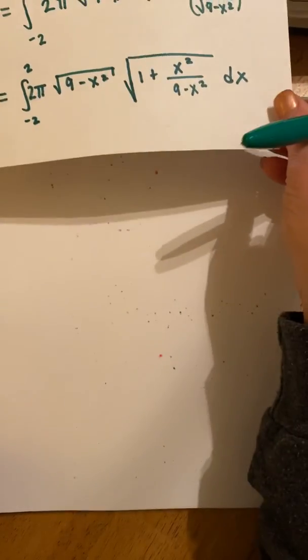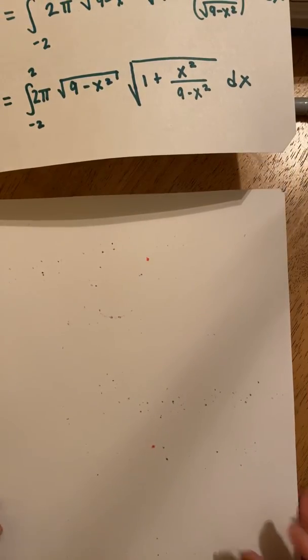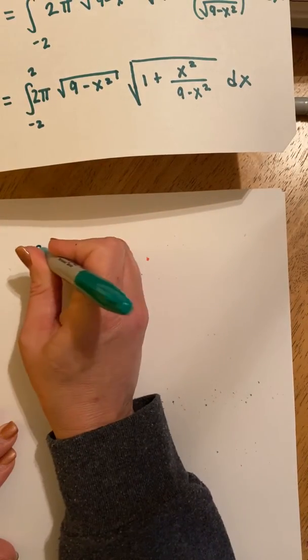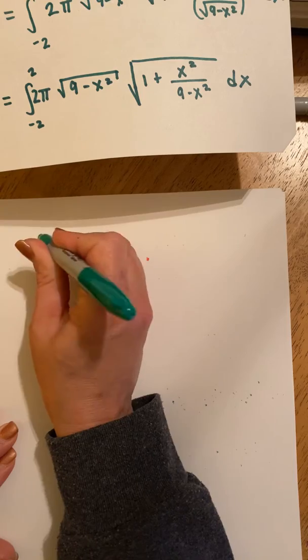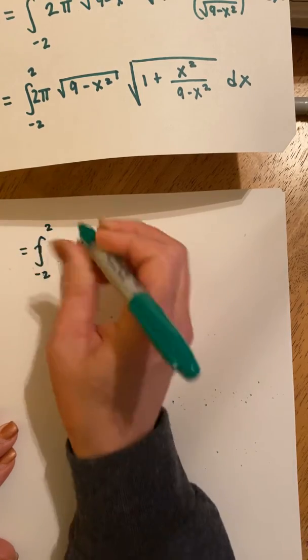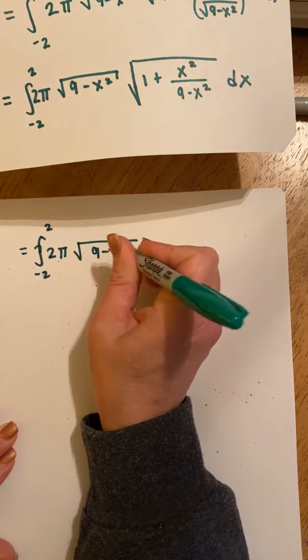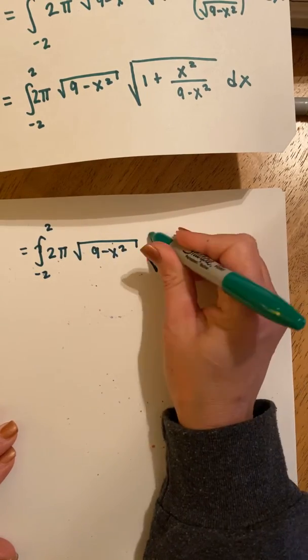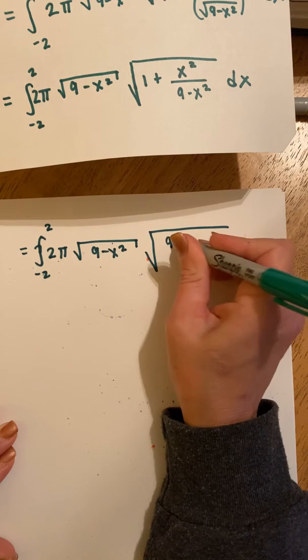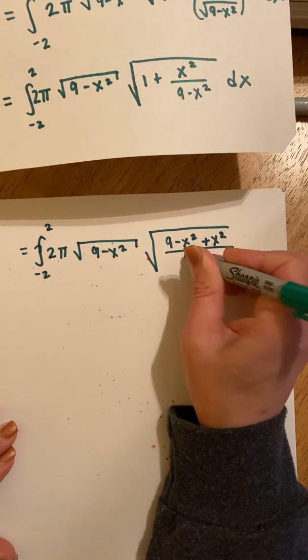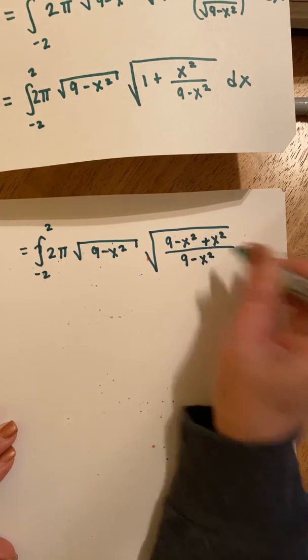This is great practice for our integration skills. The common denominator would be 9 minus x squared. So we're going to integrate from -2 to 2 pi square root of 9 minus x squared. This is going to become 9 minus x squared plus x squared all over 9 minus x squared.